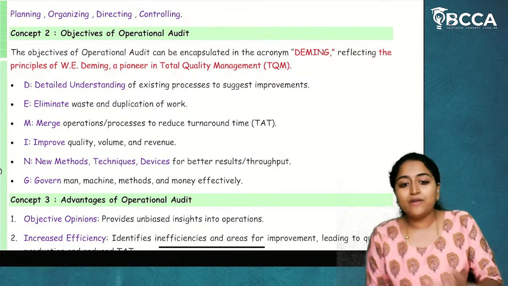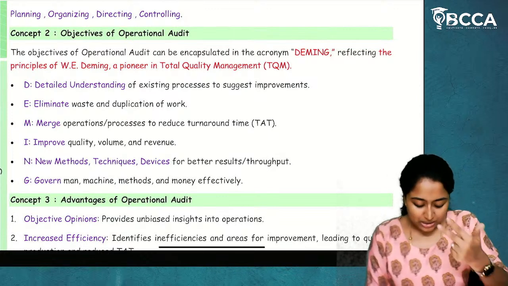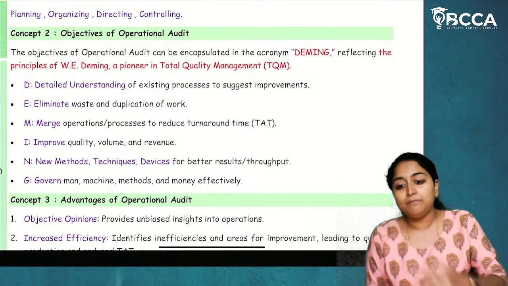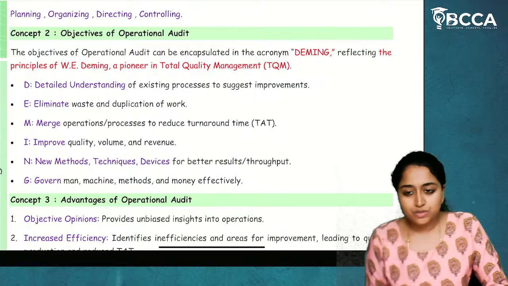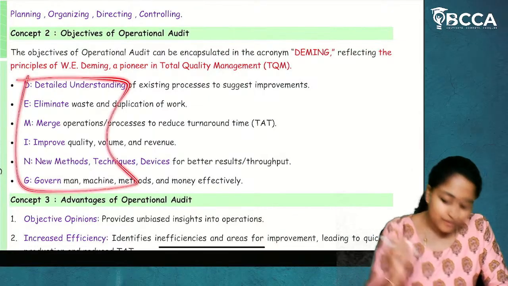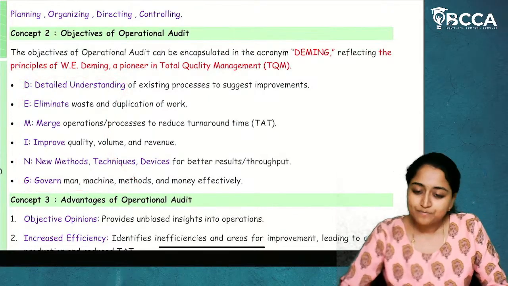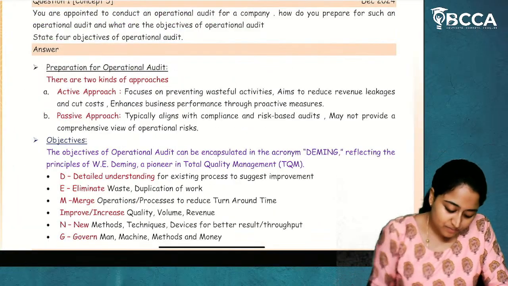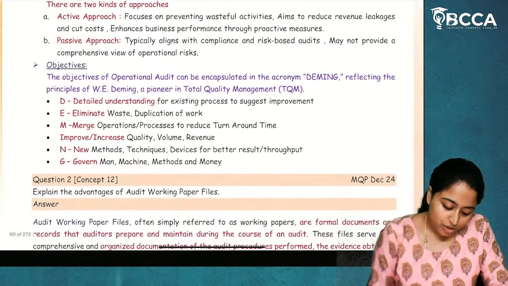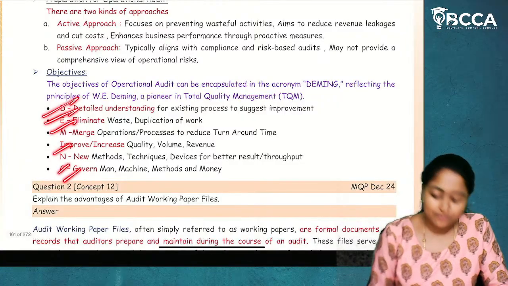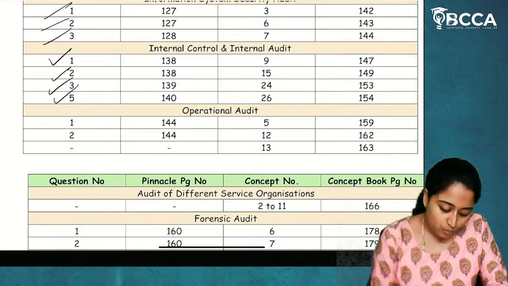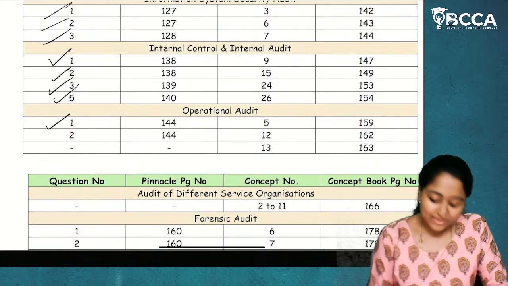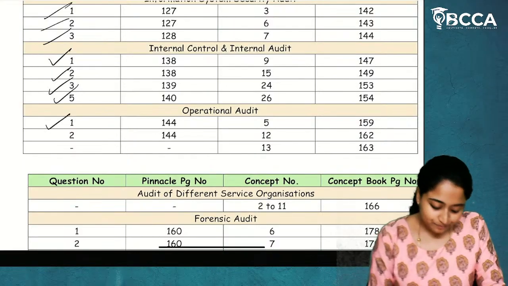G is governing man, machine, method and money, which means whatever resources are available, we are governing the resources. I hope it is clear. So I'll write the objectives of operational audit: DEMING. I hope it is clear. So this is question number 1. Next is question number 2.